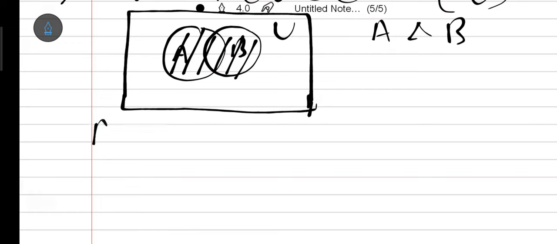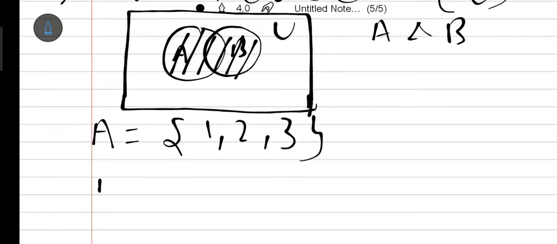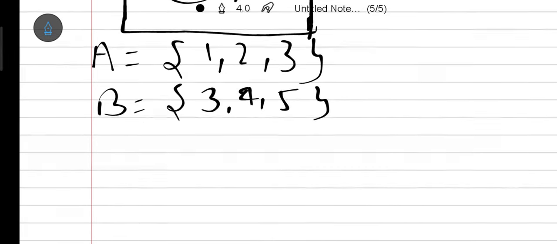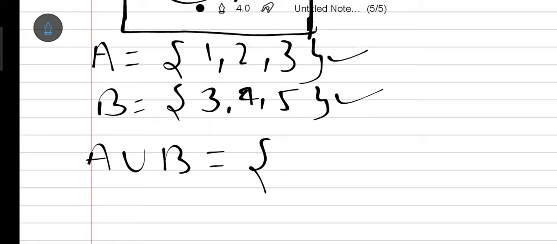Suppose set A contains 3 numbers, 1, 2, 3, and set B contains again 3 numbers, 3, 4 and 5. A union B means we have to write every number present in A and B, but the common numbers will be written only once.